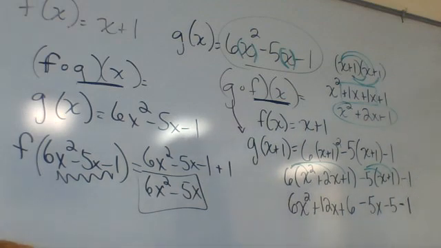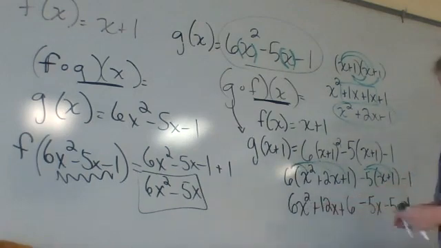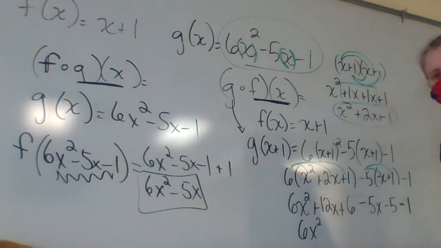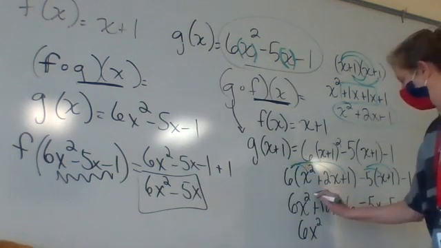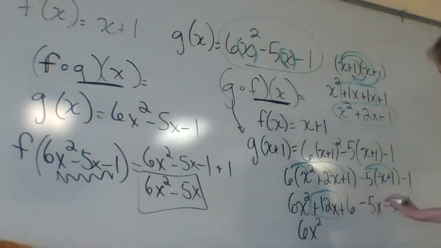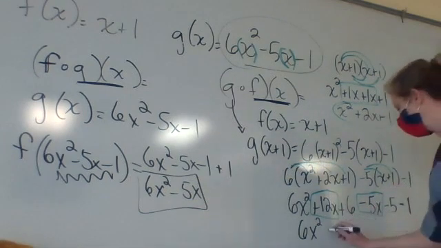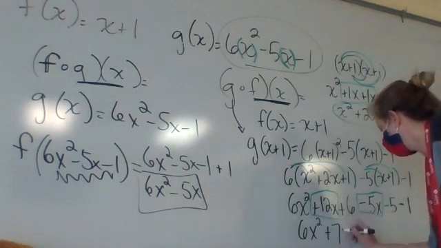Then clean it up by combining your like terms, starting with the term that has the highest exponent, which is this 6x squared. There were no other x squareds to put with that. Look here, though: I've got an x here and an x here, so I can put those together. A positive 12x and a negative 5x is positive 7x.